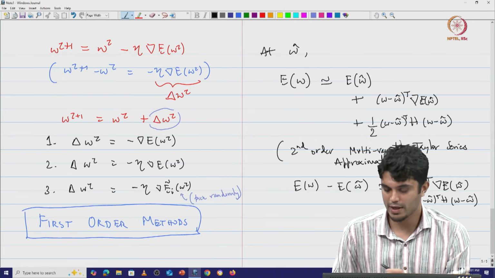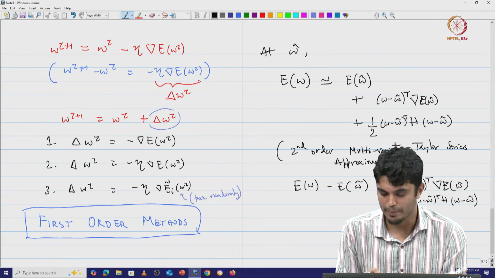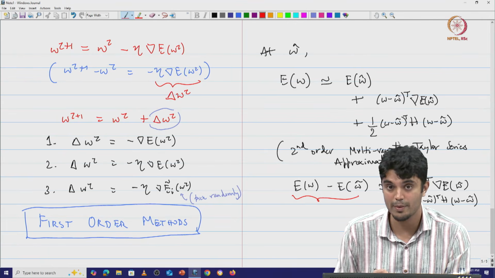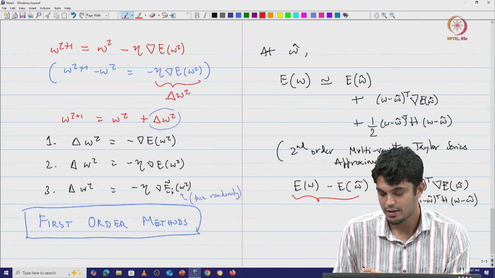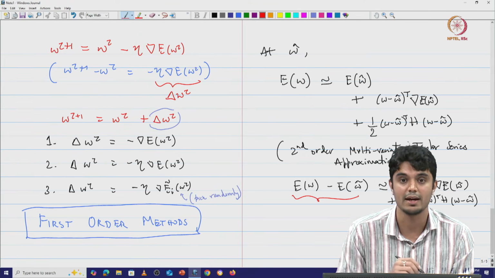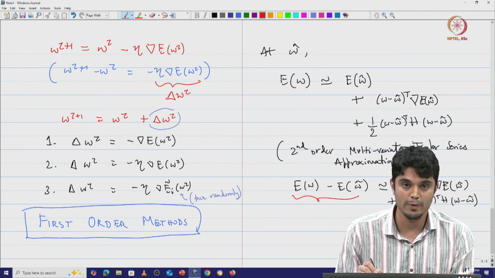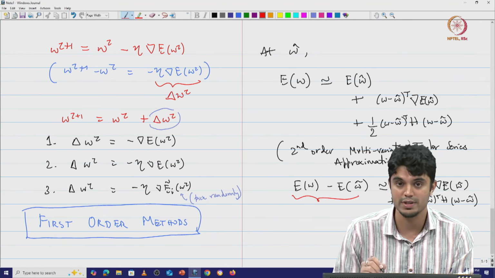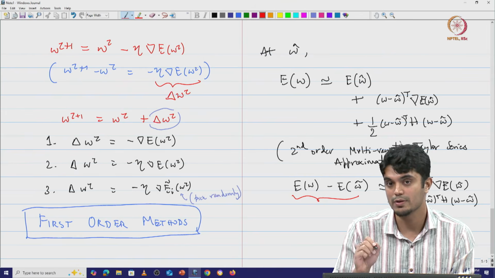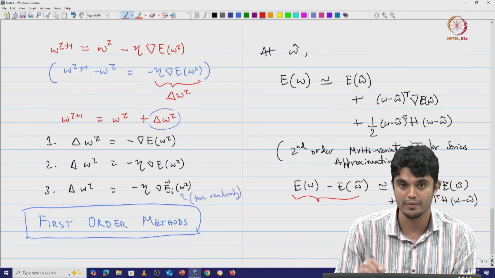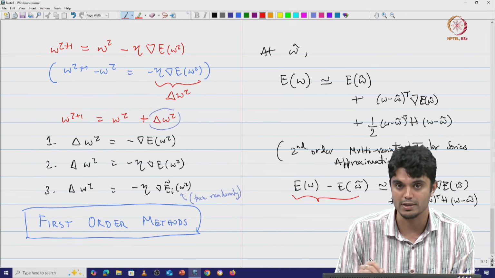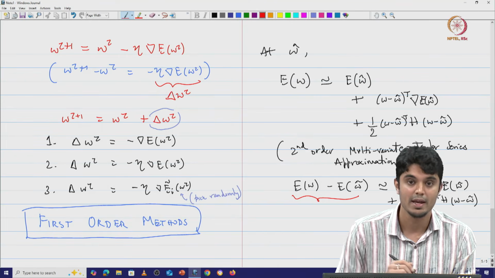If you minimize E of omega minus E of omega hat, it is equivalent to minimizing E of omega. Can you see why? Precisely because E of omega hat is constant, since omega hat is fixed, so when you differentiate it is equal to 0. So minimizing E of omega minus E of omega hat, because this part is a constant, is equivalent to minimizing E of omega.